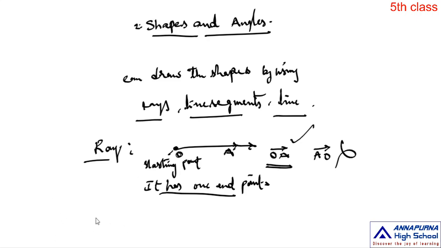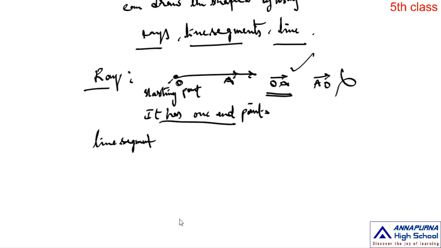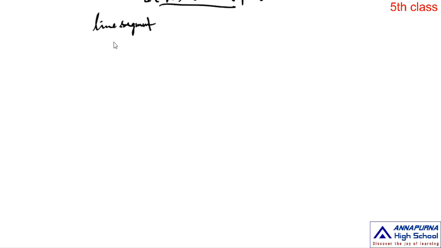Line segment. What is the meaning of line segment? Line segment means it has two endpoints.